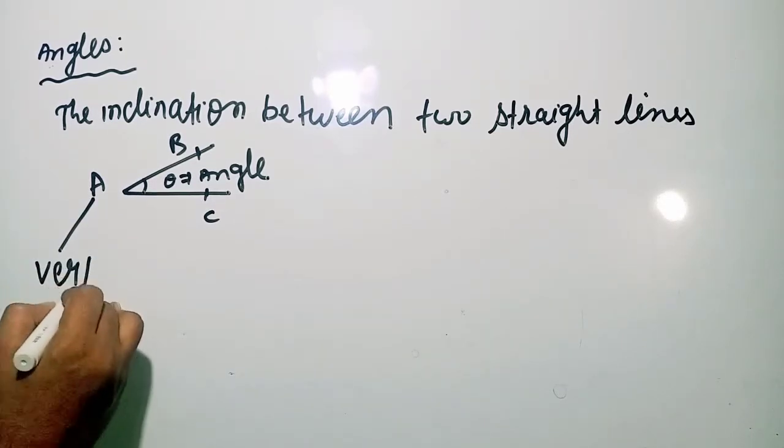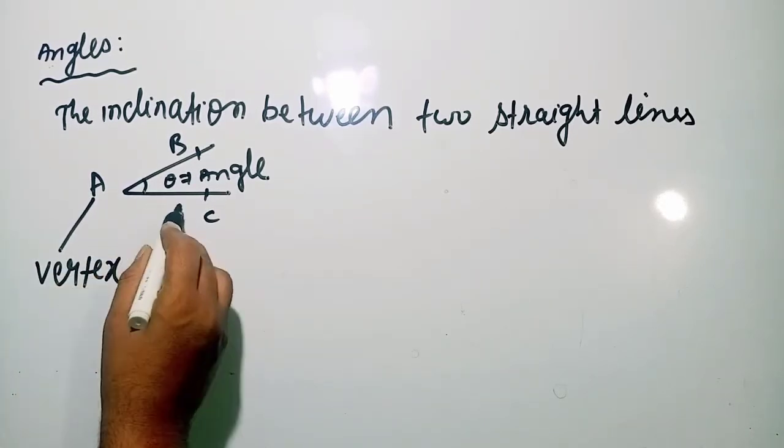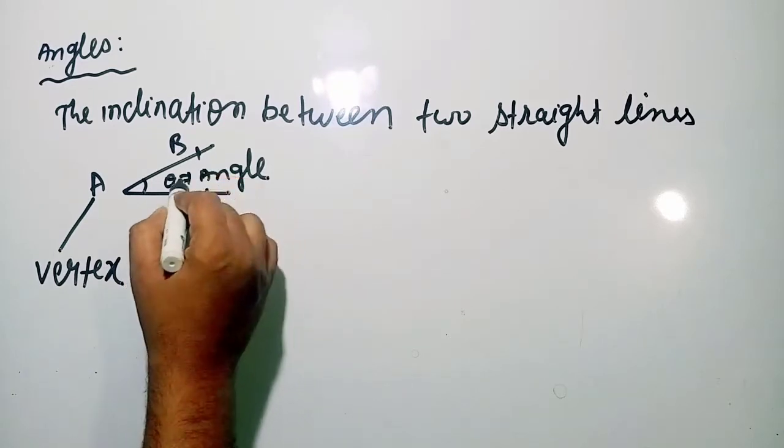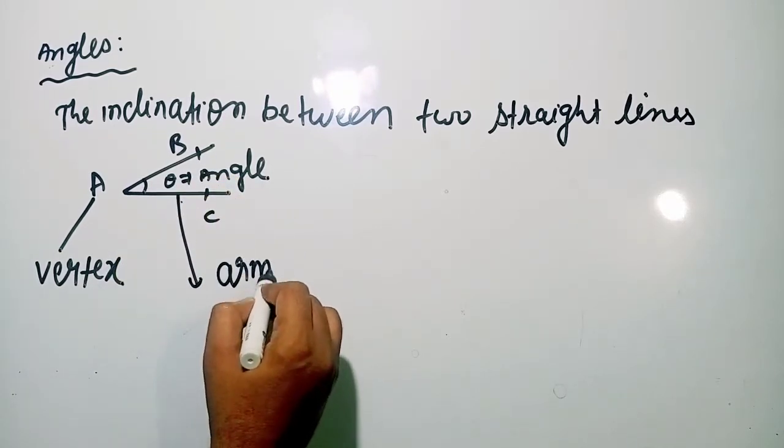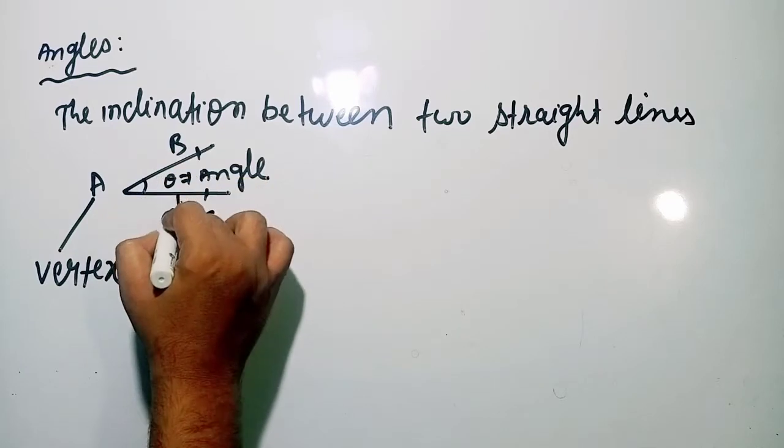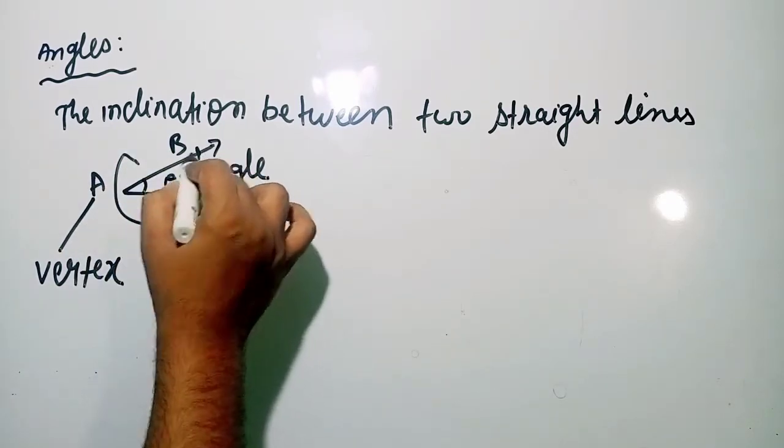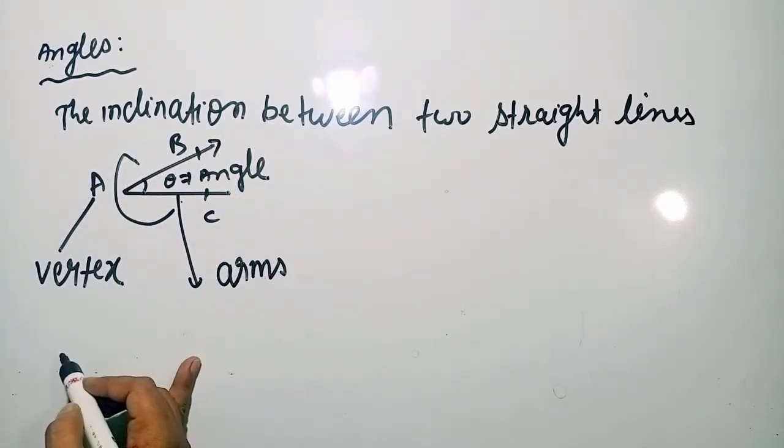A is known as the vertex because in ray AB and in ray AC, A is a common point, so the common point is always known as the vertex, and the rays which are making the angle are known as arms. So what are arms?